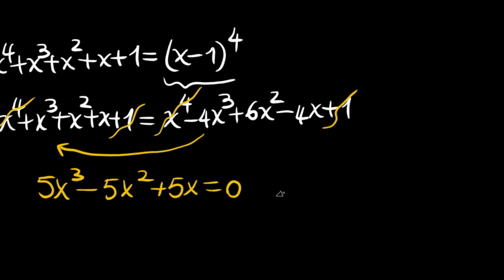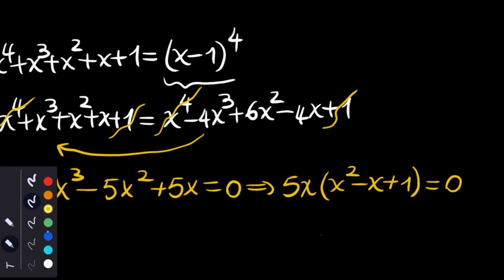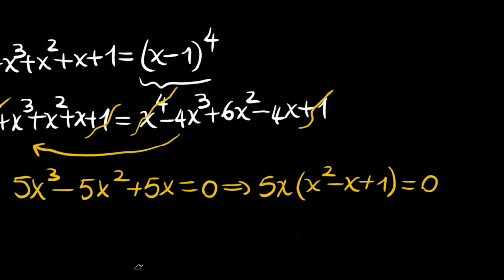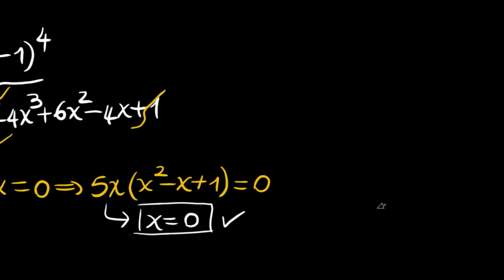We can factor 5 and one of the x's and write 5x times (x squared minus x plus 1). This is equal to 0 now. This is easy since we have found one of our roots from this x. We have x is equal to 0, another root, and we have a quadratic now.